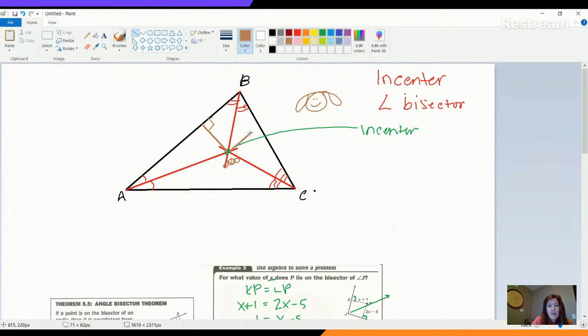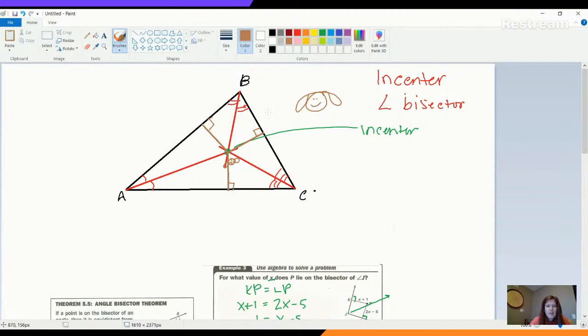From the puppy to line AC, again, has to be at 90 degrees. And from the puppy to line BC down here. I think I might have said the wrong word before, but okay, there we go. When you draw these lines from the in-center to the sides, remember they're at the shortest distance, which means at 90 degrees.